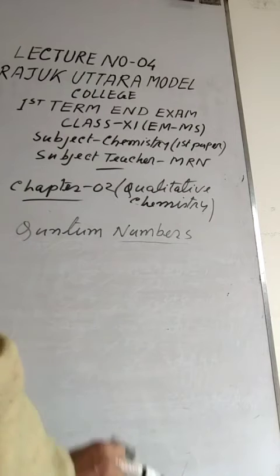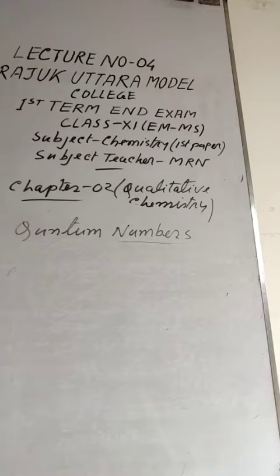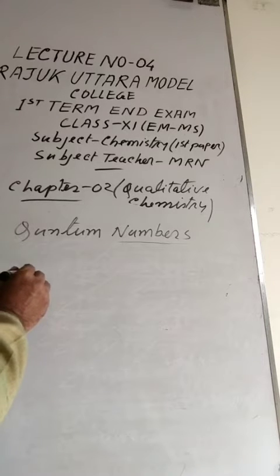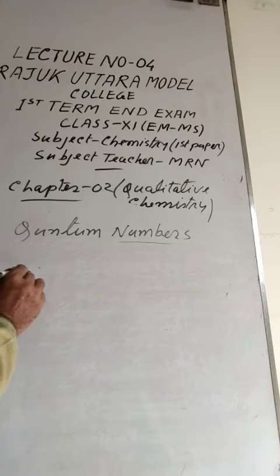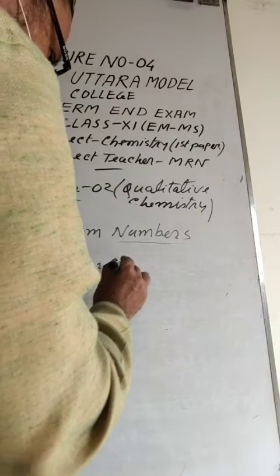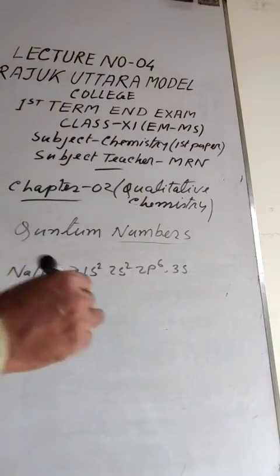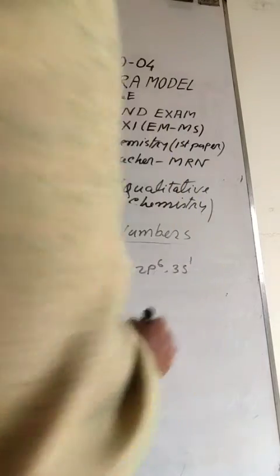Okay, now electronic configuration following this. For the case of sodium, which has 11 electrons, it will be 1s2, 2s2, 2p6, 3s1.